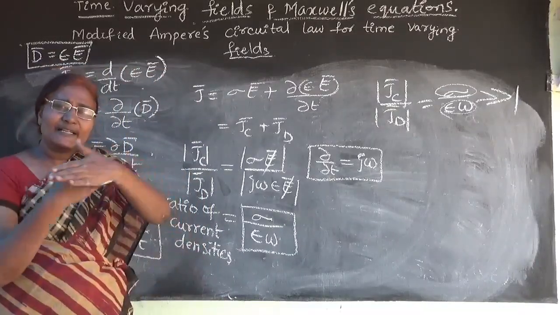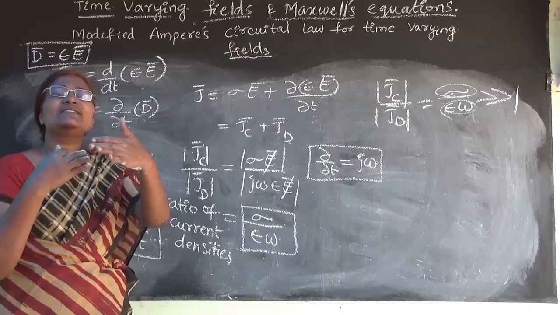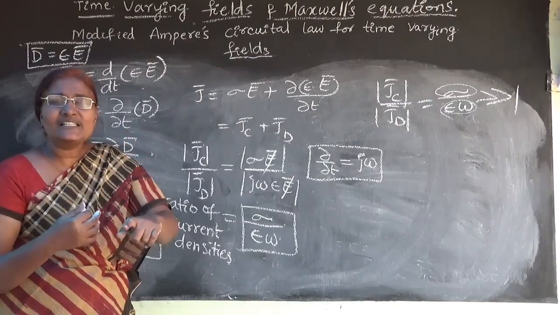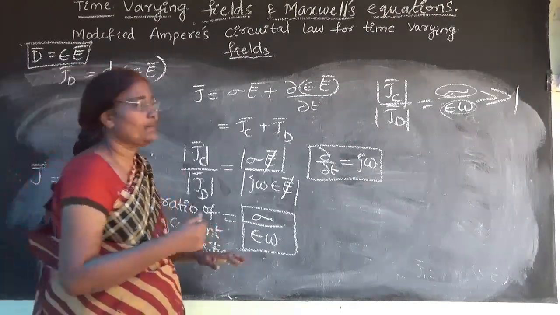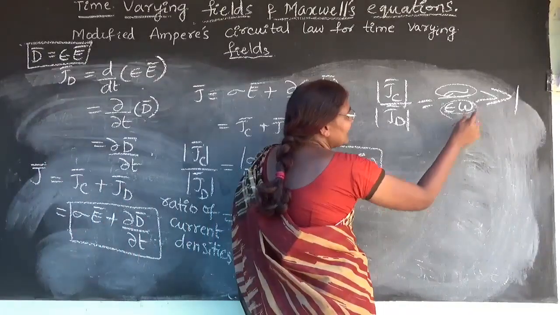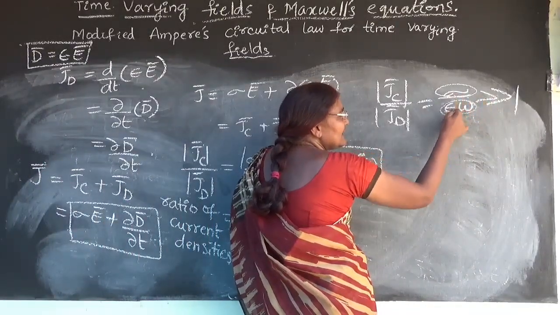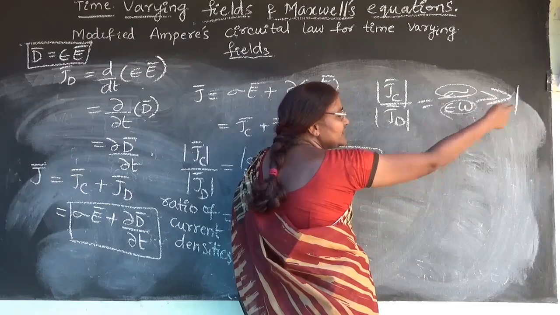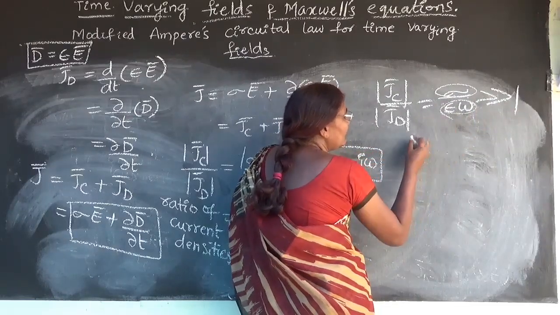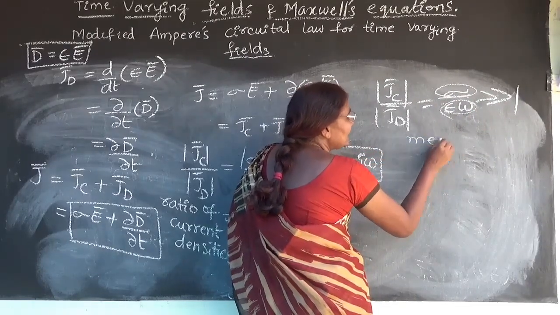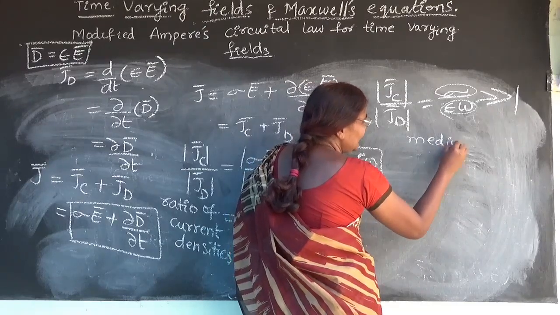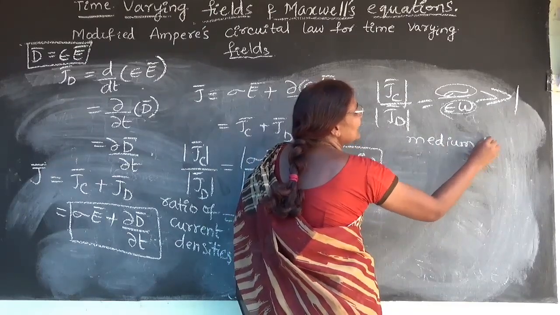If the numerator is very large, it means conductivity is very large. That means the medium is a conductor. If this ratio value is very very greater than 1, then the medium is a conductor.